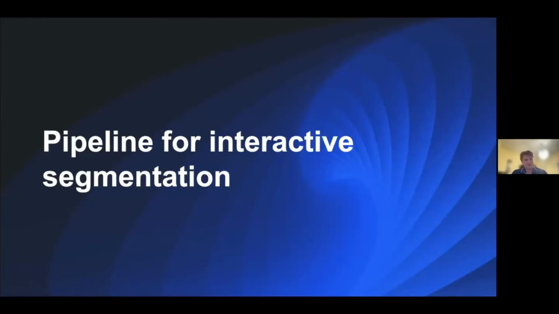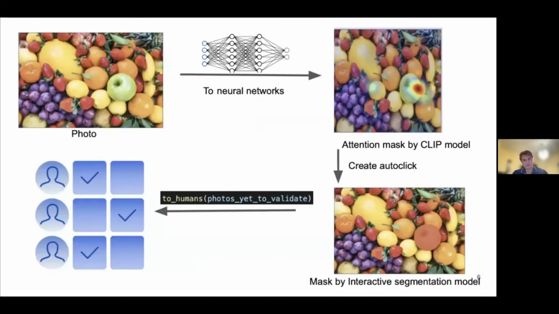I also tried to apply CLIP to different problems, not just classification. Here's an example with interactive segmentation. Interactive segmentation is a segmentation model that also accepts some positive clicks from a human.